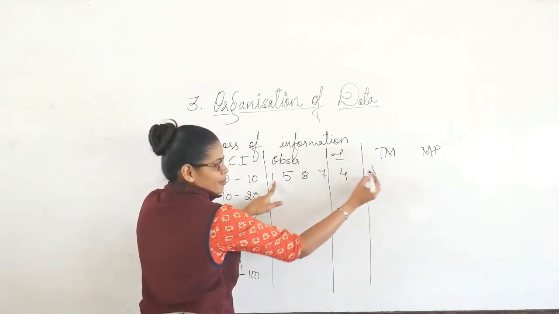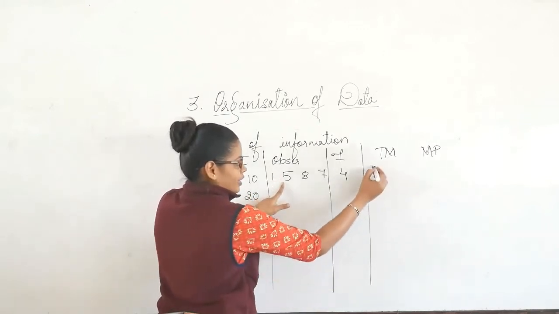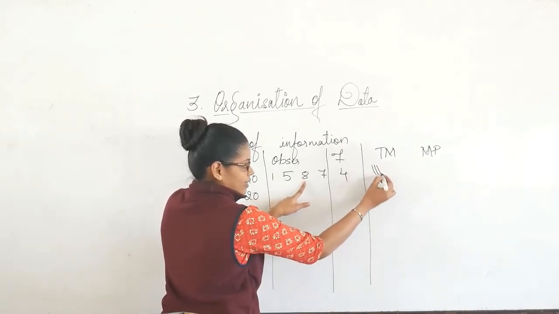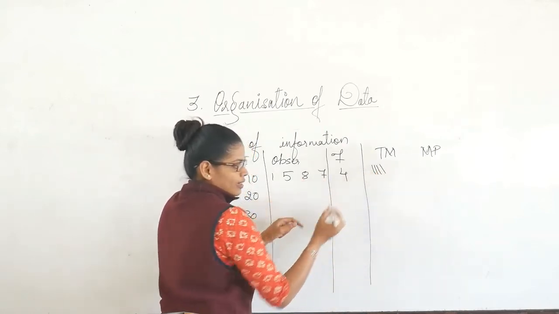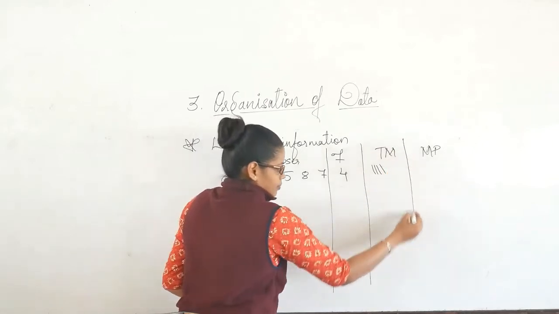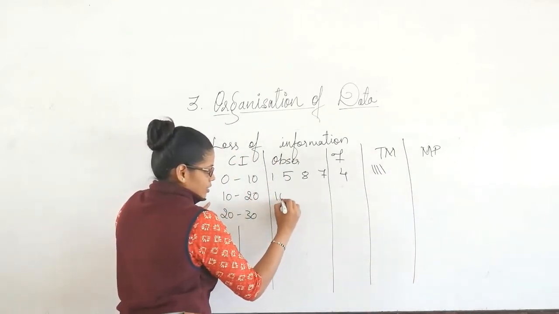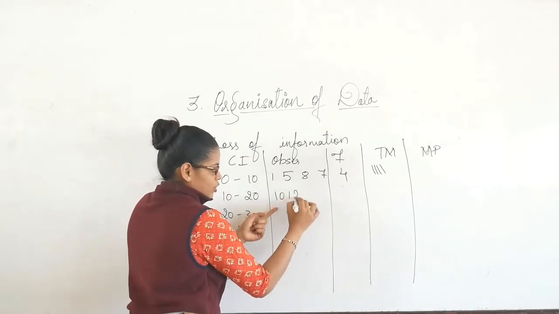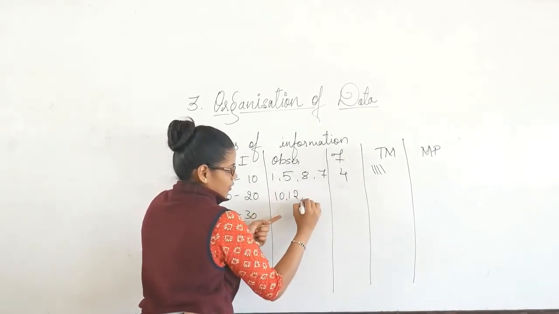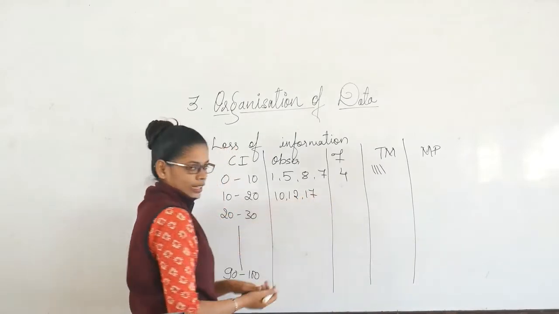For 1 we have marked a line, for 5 another line, for 8 another line, for 7 another line, right? And for the next class interval, the numbers were 10, 12, then 17, right?